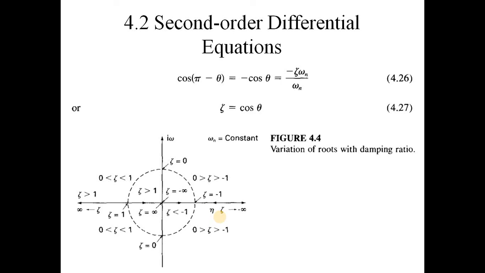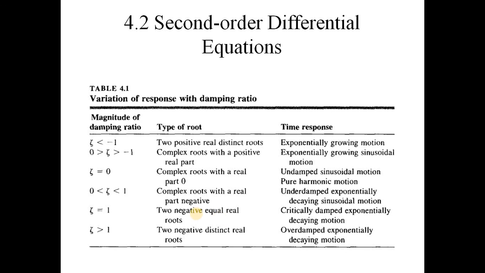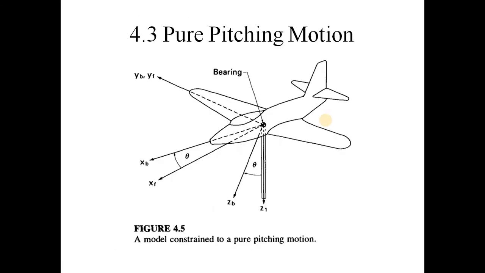So that is about the second order differential equation. This table tells you the types of roots, the magnitude of the damping ratio, and the time response. Next up, we'll go for pure pitching motion.